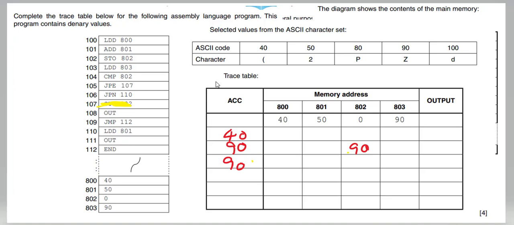Do they match? Yes. So jump to, let's jump to 108 now. So let's change it to 108. Output. There. It's the same as basically if we did this. So this is actually not needed. It makes no impact on the program. It just means it runs a bit slower.